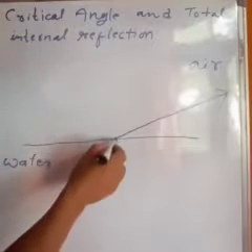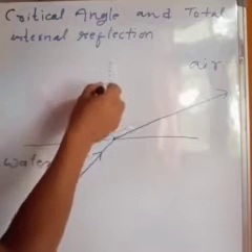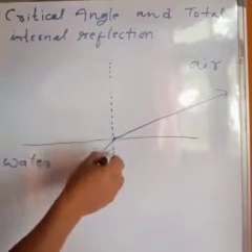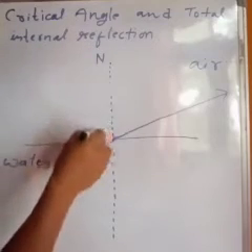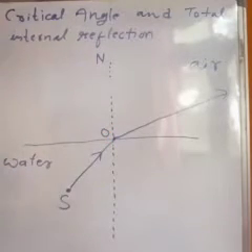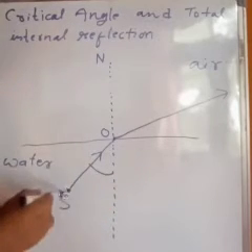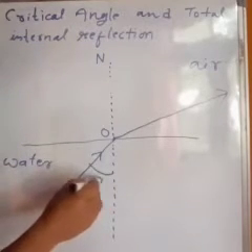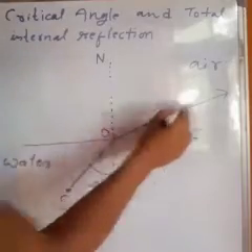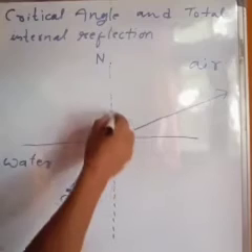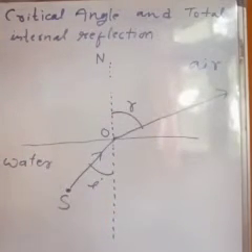Now imagine a straight line from this surface, which is called the normal. The angle between this normal and the incident ray is called I, the angle of incidence, and similarly, the angle between the normal and the refracted light outside is called R, the angle of refraction.